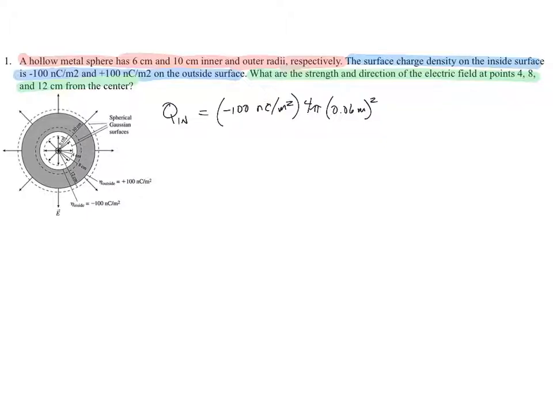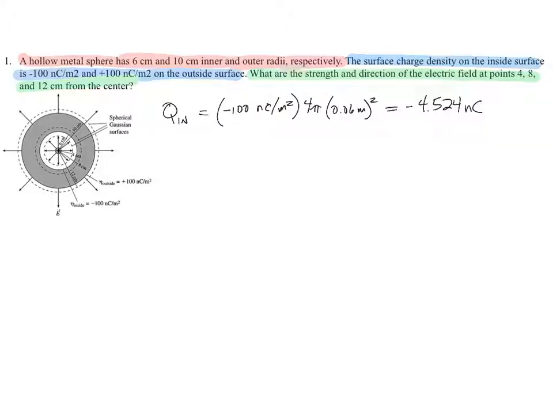Trusting that you know the area density times the area will give you the actual charge, this computes out to a negative 4.524 nanocoulombs. So we have that.